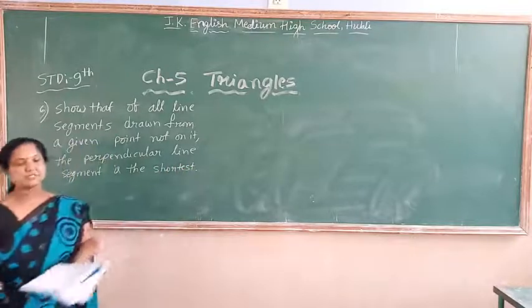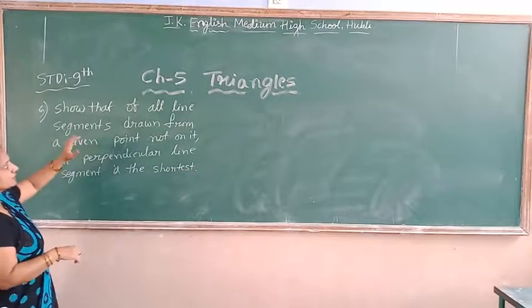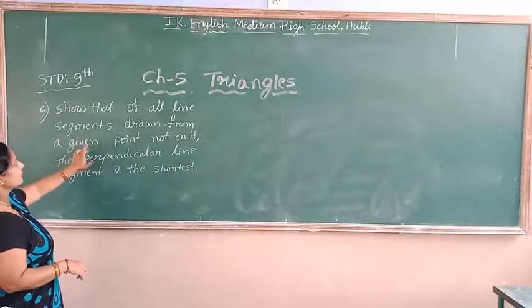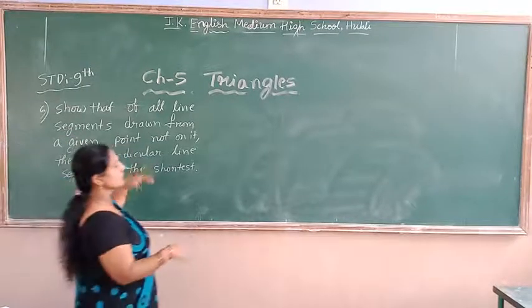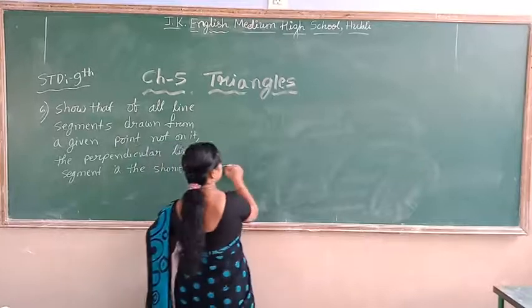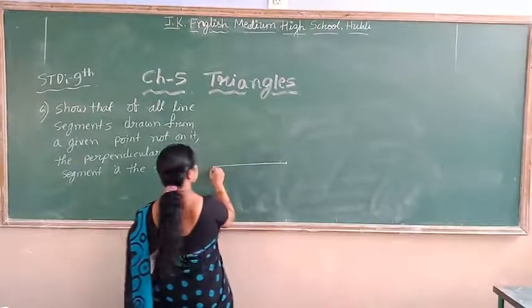And to prove it, now children, you observe. Show that of all line segments drawn from a given point not on it. See, now one line I consider, this is a line.